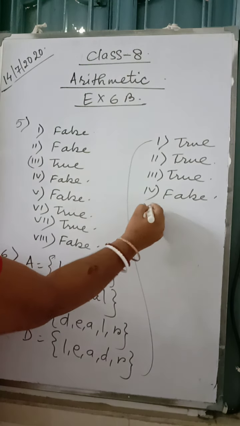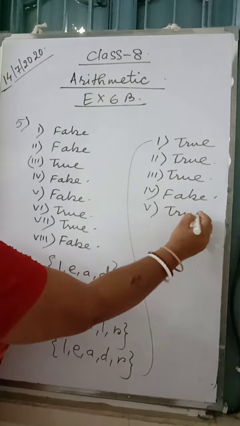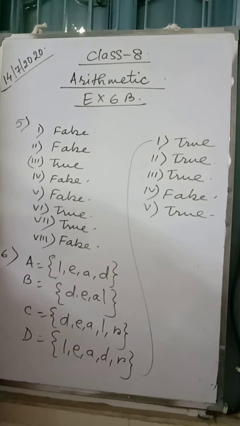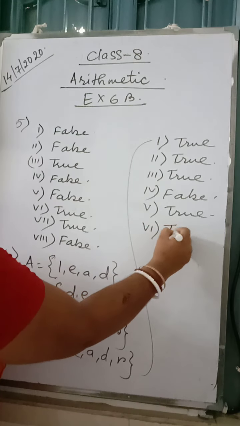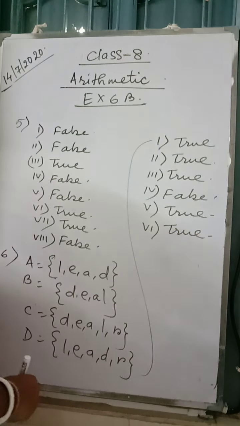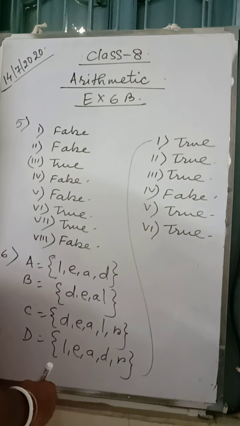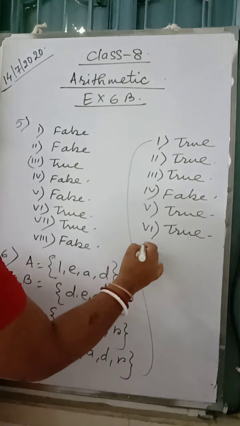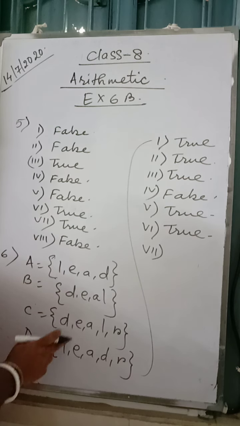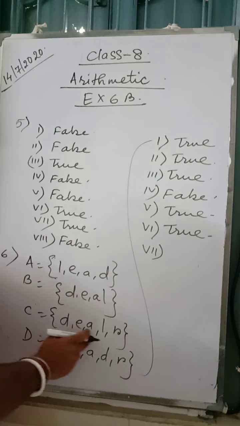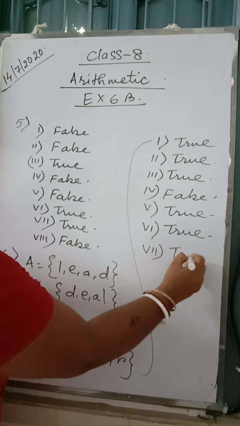A is equivalent to B. Yes, it is true because A and B have the same number of members. C is equivalent to D. It's true. C is a superset of B. Yes, it is, because the members of B are the members of C. D-E-A-L, D-E-A-L. So this is also true.